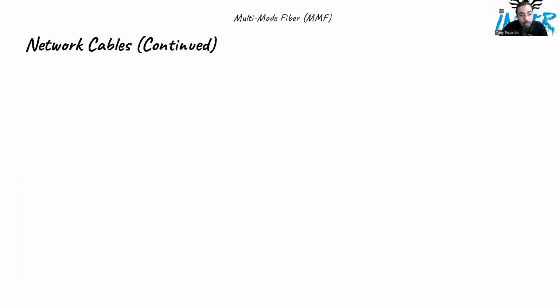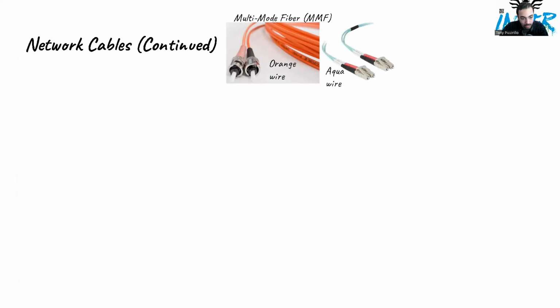They are also more susceptible to signal loss due to bends in the cable, which is why they should be treated delicately. The reason why they are called multimode fibers is because they allow for multiple paths that the light can travel within the cable. Multimode fiber is often seen with orange wires or aqua-colored wires.